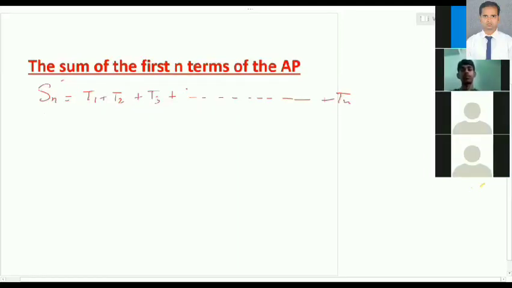Sir, we want to write it in reverse. Same thing we write in reverse order. It means first we'll write Tn, the last term. Before that, what will come? Tn minus 1. Before that, we got Tn minus 2. Plus it will go on. At last, what you will get? T1. Is it okay for all of you?